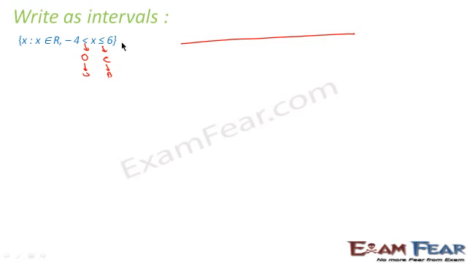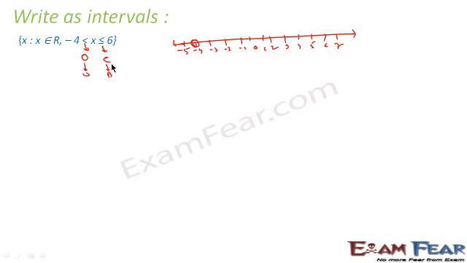Now we'll say minus 4 to 6. So let's create from here: minus 5, minus 4, minus 3, minus 2, minus 1, 0, 1, 2, 3, 4, 5, 6, 7. Let me take this much only. Now minus 4 is an open endpoint, so it is open.